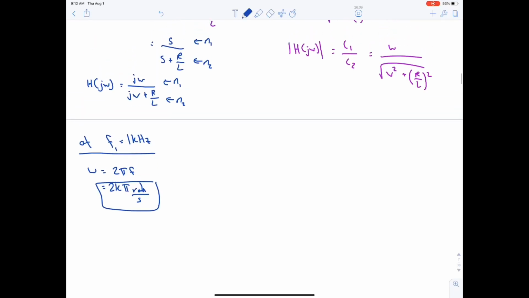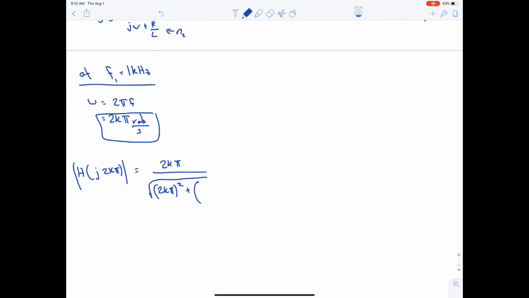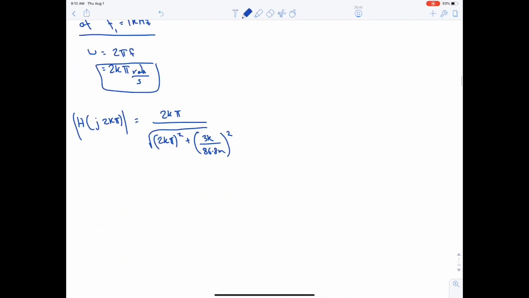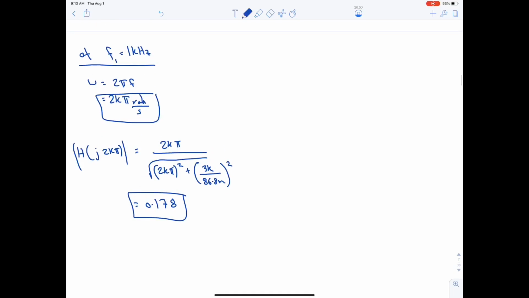The magnitude at 2 kilo pi is 2 kilo pi over the square root of 2 kilo pi squared plus R over L squared, where R over L is 3k divided by 86.8 milli. This will equal 0.178. That's the magnitude for the first frequency.